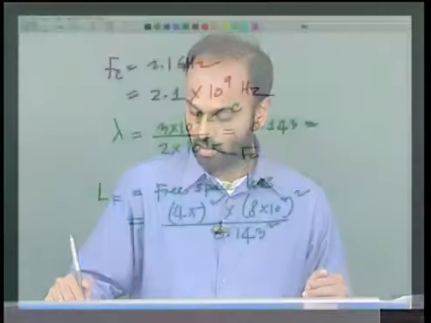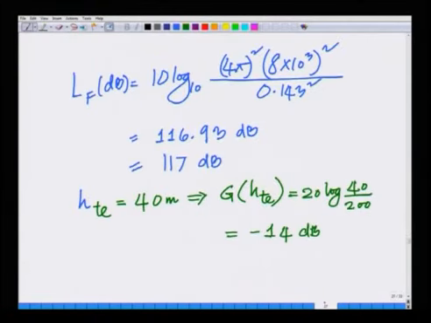And as part of it, we had looked at the free space loss. We said the free space loss is 117 dB. The transmit antenna height gain factor, because of its height 40 meters, is minus 14 dB, and let us start from this point and continue with this lecture.